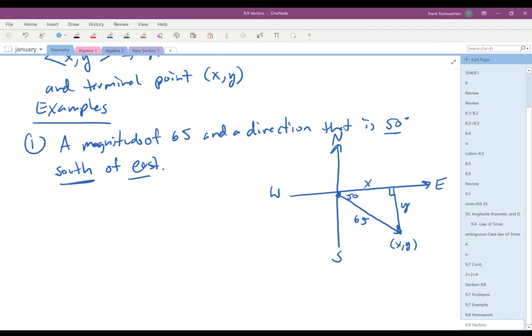Okay, so how do I find the x? Well, the cosine of 50 degrees is going to equal x over 65. It's a real simple SOHCAHTOA problem. X is the adjacent side, 65 is the hypotenuse. So the cosine of 50 degrees equals x over 65, so x equals 65 cosine of 50.